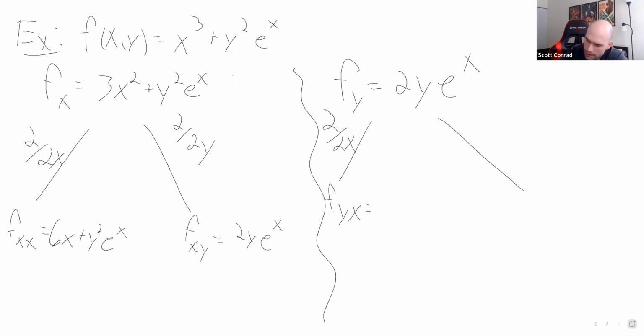And we get, so treating y as a constant, 2y e to the x becomes, again, 2y e to the x. And f sub y, so take the partial with respect to y, which we did, then take the partial of that with respect to y. So 2y e to the x becomes 2e to the x.